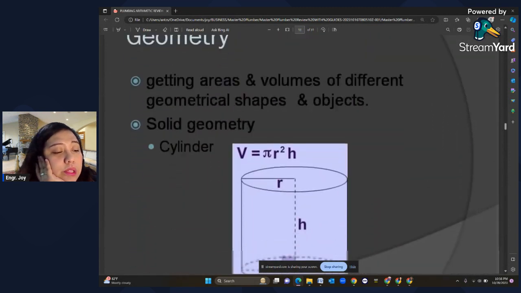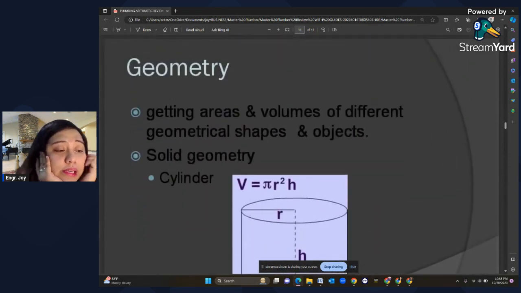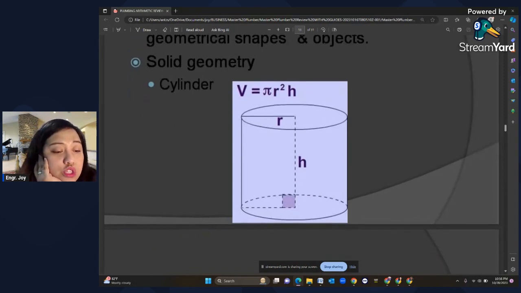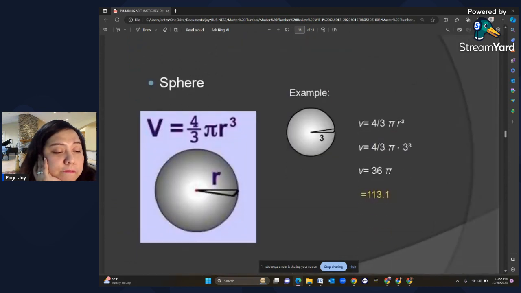Geometry. Sige, geometry tayo. Geometry, getting areas and volumes of different geometrical shapes and objects. Solid geometry, cylinder. So this is the cylinder. We have the radius, and we have also the height. So volume is equal to pi times r squared times h. Sphere. This is sphere.